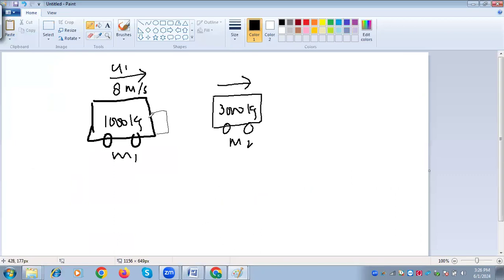So this is a car. It's too big for a car anyhow. Lorry 3000 kg and it is moving at 2 meter per second. After the collision, the car and the lorry stick together.